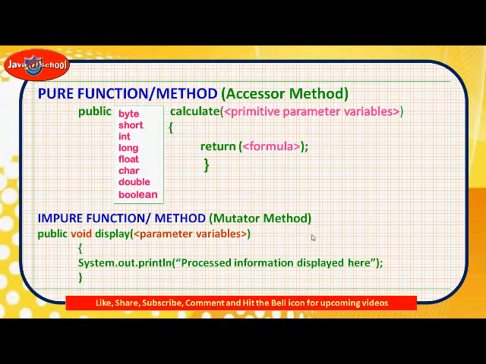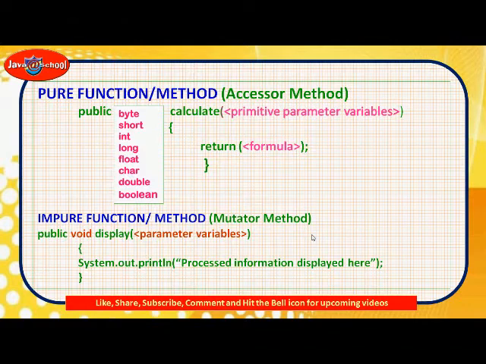And remember, the mutator method or impure function has void return type. Always it has void, V-O-I-D, return type. It never uses any of the primitive data types as return type. It will have only void. Function name followed by the same rule, parameter list to accept the value from outside, and inside the body to calculate and process and display the answer using System.out.println only. It does not use a return statement. It uses only the System.out.println statement.